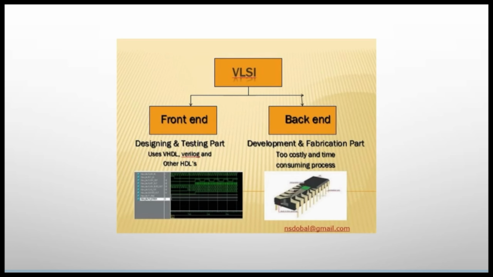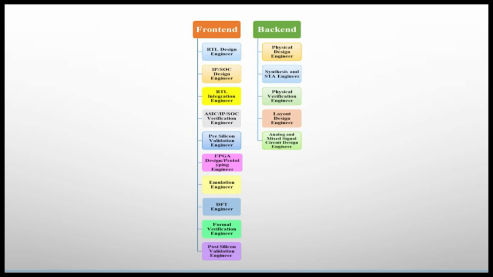For this coding, you need to know languages called HDLs. The backend is for development and fabrication, like fabricating and manufacturing the chip, and everything falls under this backend process. So this is about front end and back end. And if you are a front end engineer, you can expect your opportunities in these particular fields.